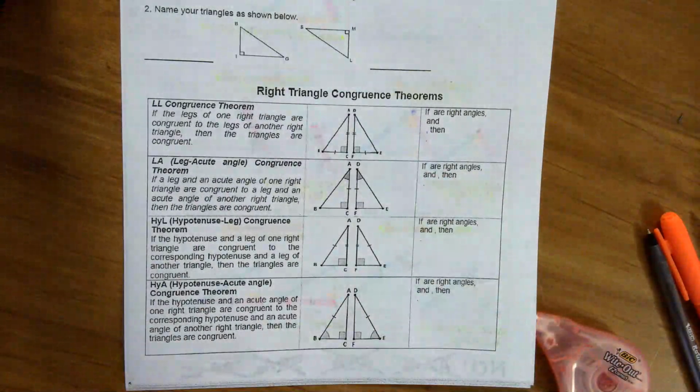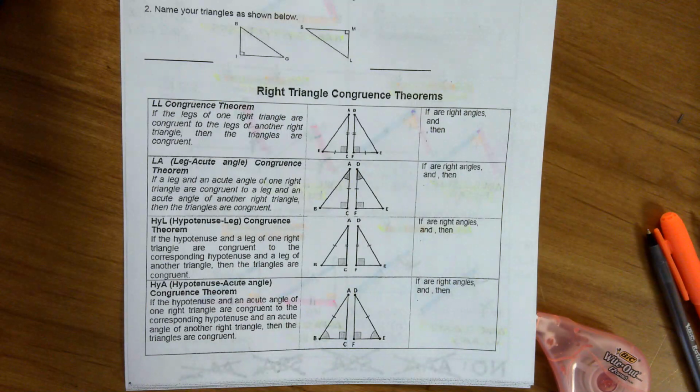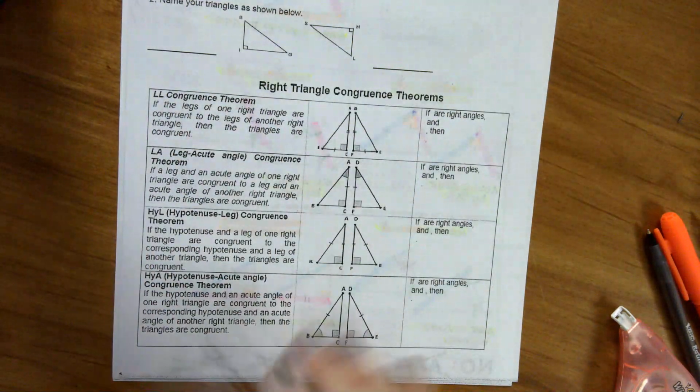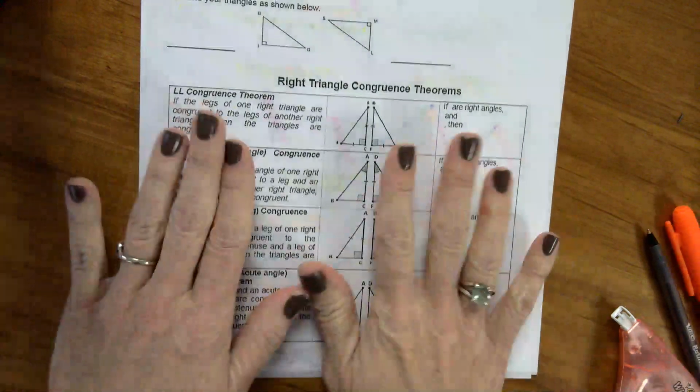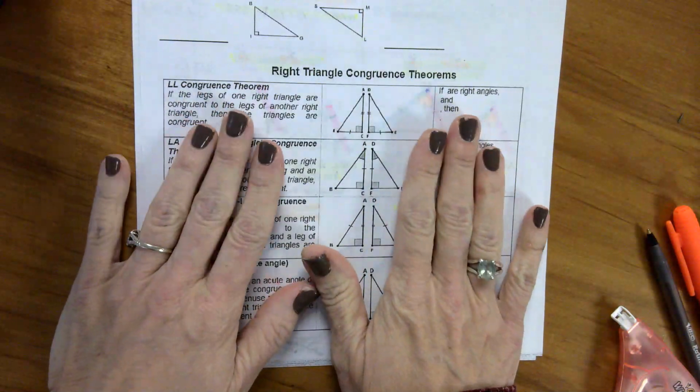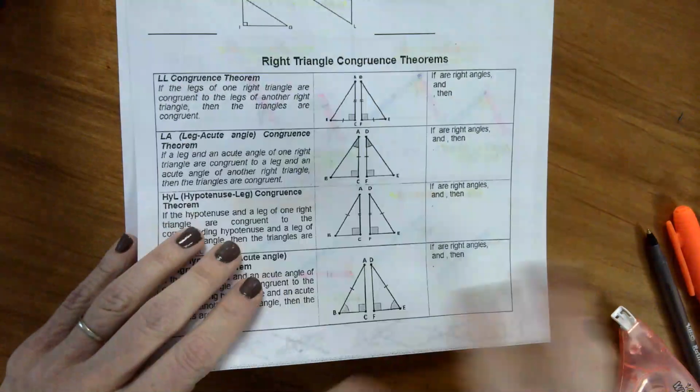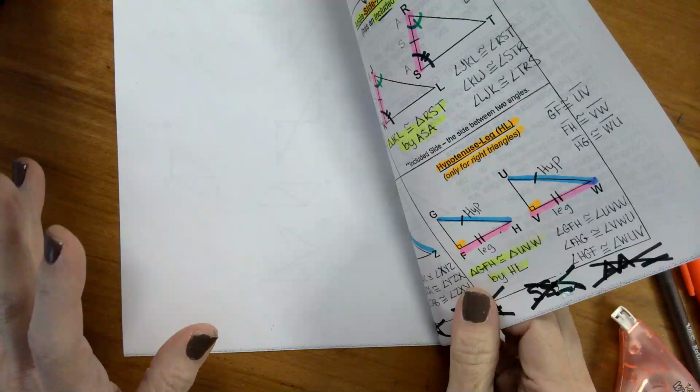Very, very quickly, I just want to point some things out to you on this here. This is for right triangles only. And remember I told you a minute ago that sometimes the hypotenuse is not selected.